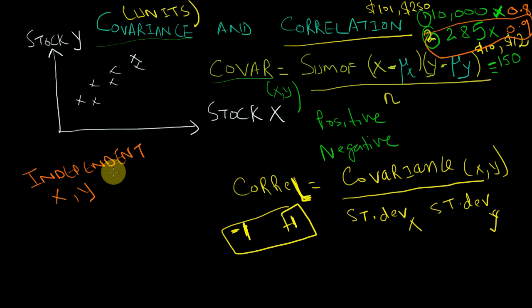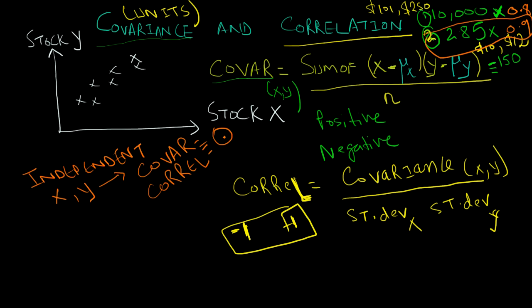Now, if we say that two variables are independent, then what that implies is that the covariance and correlation of those two variables will be 0. So remember, if two variables are independent, then the covariance and correlation of those two variables are 0.